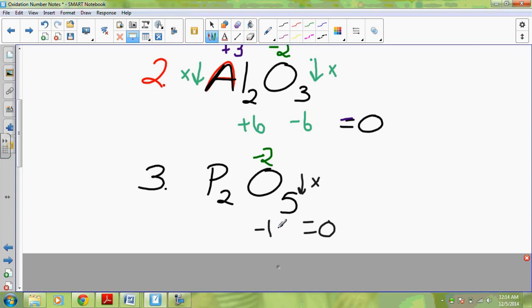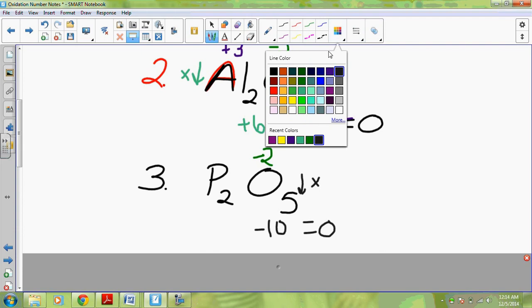And I know Mr. Willett, Mr. Disrael, and Mr. Zeil will be happy right now when you say -10, because -2 times 5 is -10. So your math teachers will also be happy. All right, we have a -10. How do we get to 0? How many do we have to add to -10 to get to 0, to make it neutral? And you guys have all said, oh, very good.